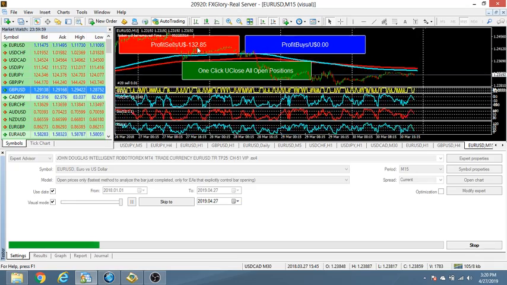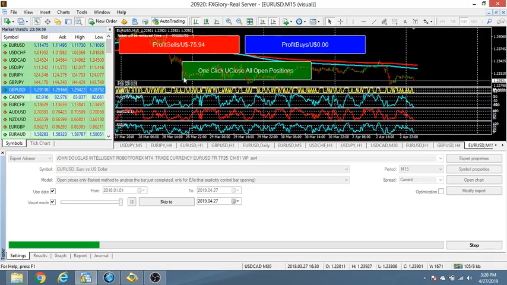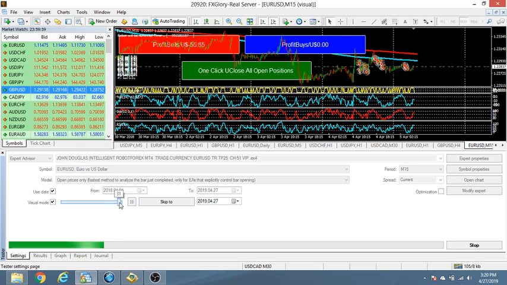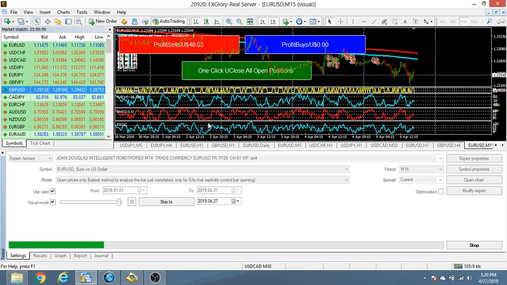As you can see here, the numbers are scrolling and moving so fast that you cannot see them very well right now.